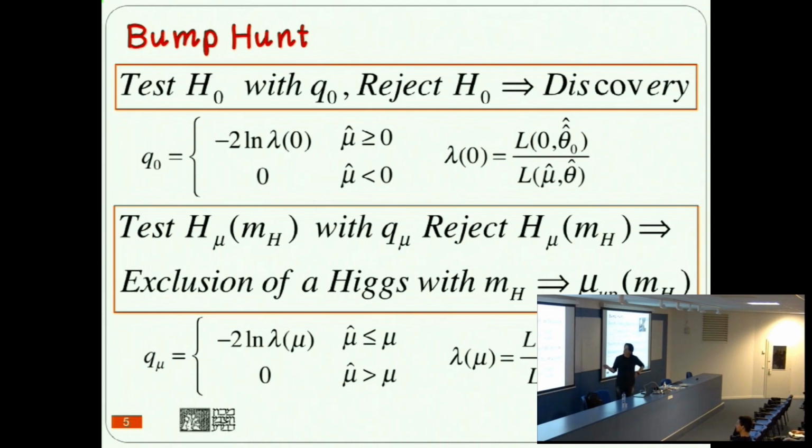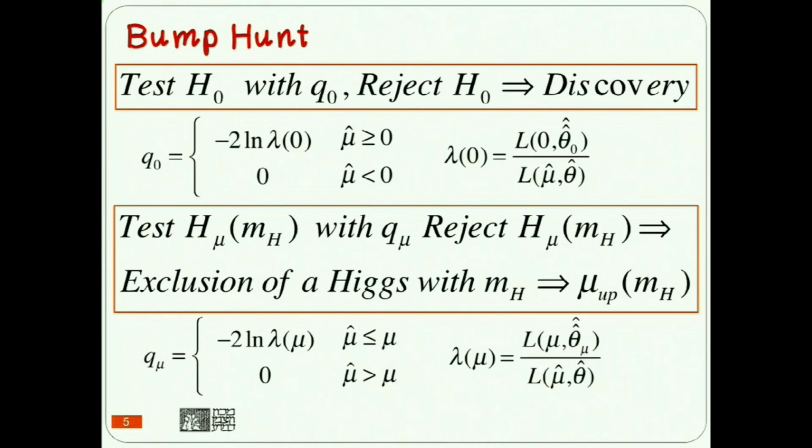If mu hat is greater than 0, and if there is a downward fluctuation, we set the test statistic to 0. The reason is that we don't want a downward fluctuation of the background to serve as evidence against the background. For us, evidence against the background is only if there is an upward fluctuation. We don't want to reject the standard model, right?